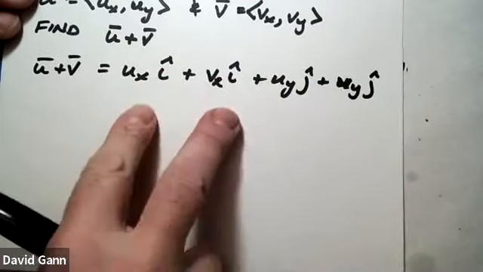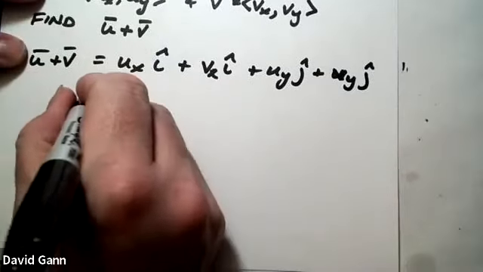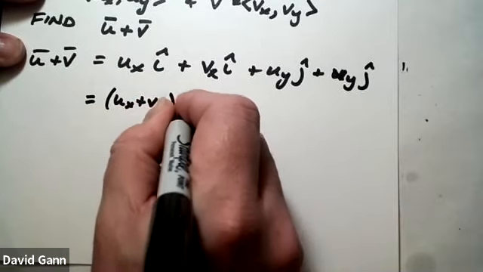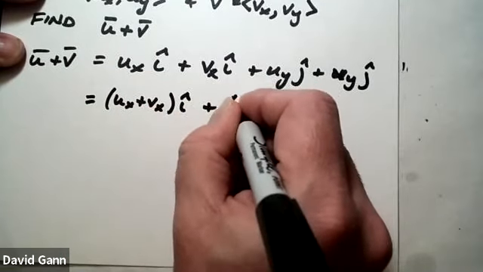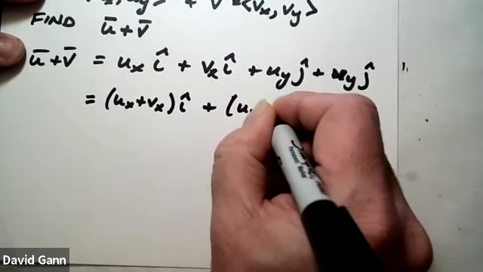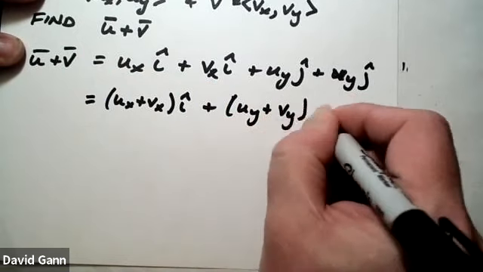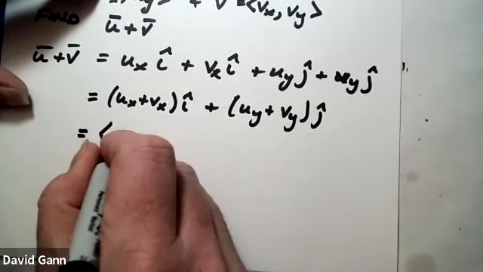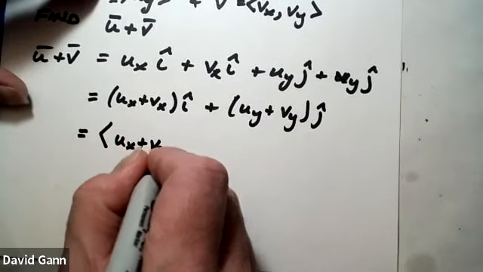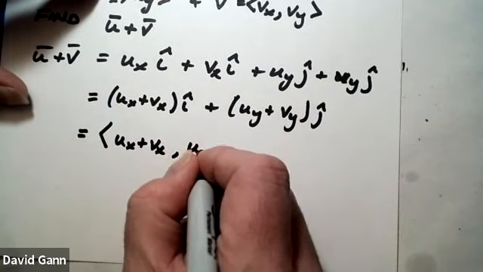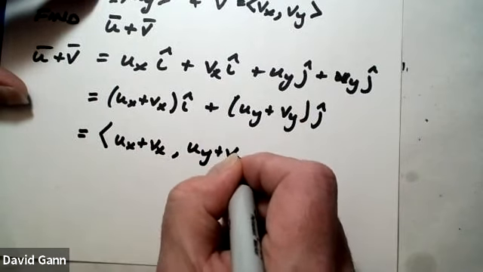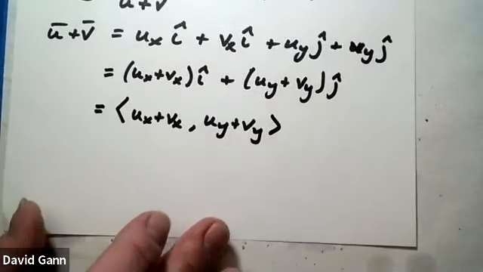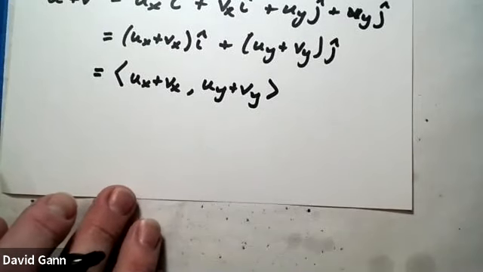But notice I'm just doing that to pair them up. So here we have ux plus vx times i hat plus uy plus vy times j hat, which just happens to be represented as ⟨ux plus vx, uy plus vy⟩.